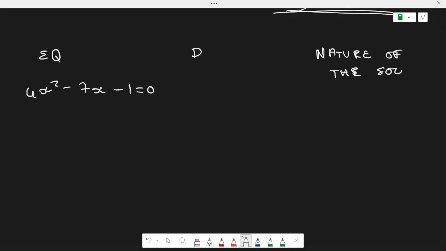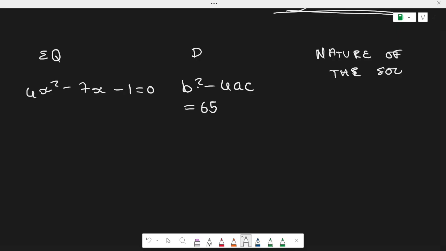If you calculate, you find that the discriminant of this equation, which is b squared minus 4ac, and if you replace the b, the a, and the c in this equation, you find that what you're going to get is 65.